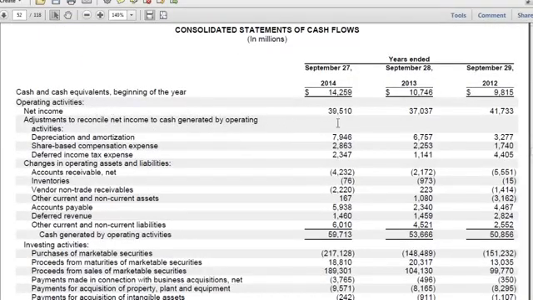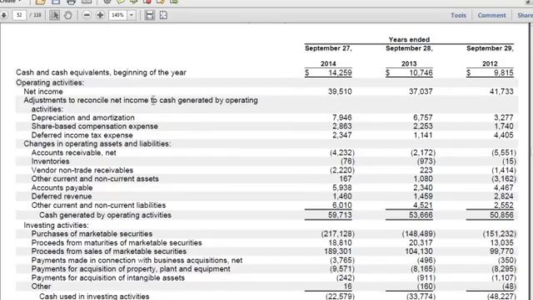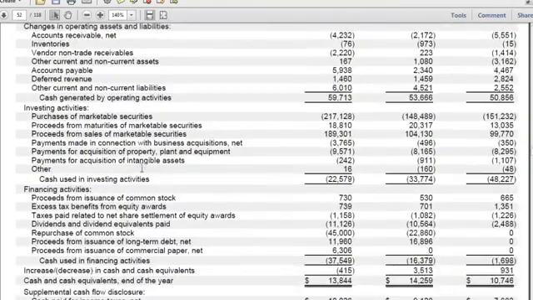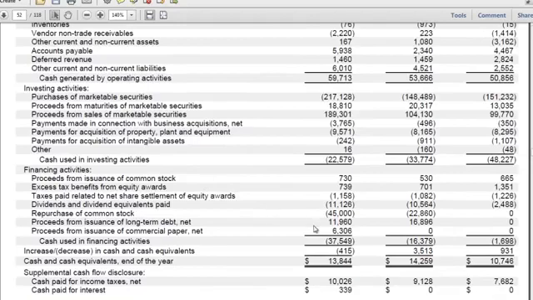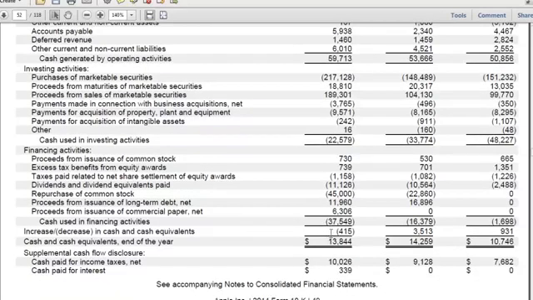Now, the way the statement of cash flows works is that usually one of the first, this starts out with cash at the beginning of the year, but in most cases you start out with net income. So basically it's net income plus or minus all these adjustments to come up with this increase in cash.